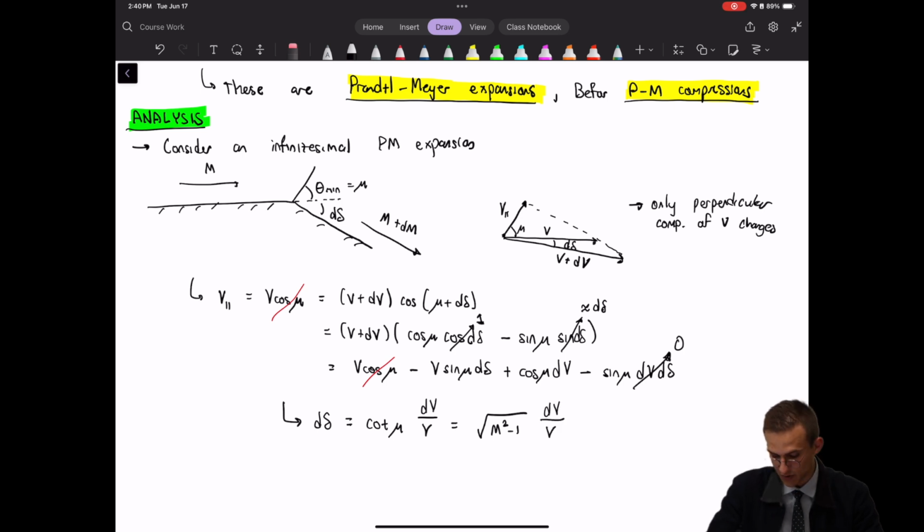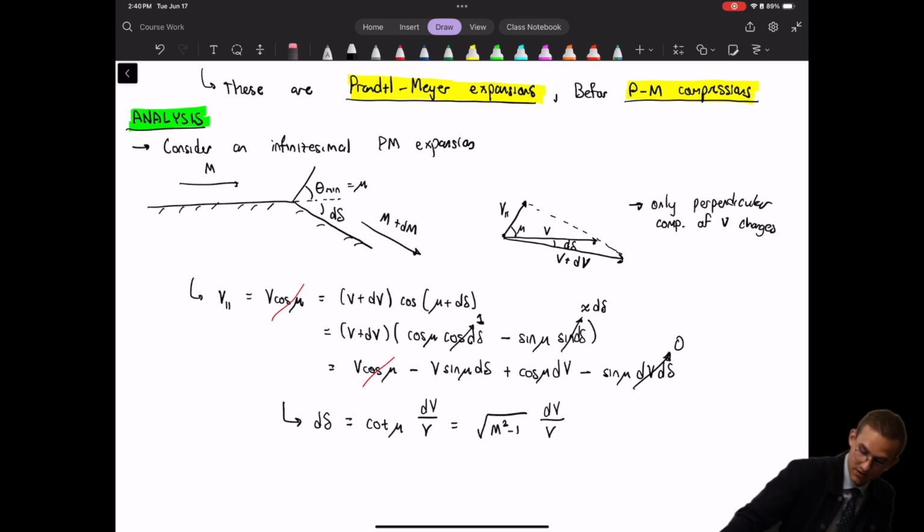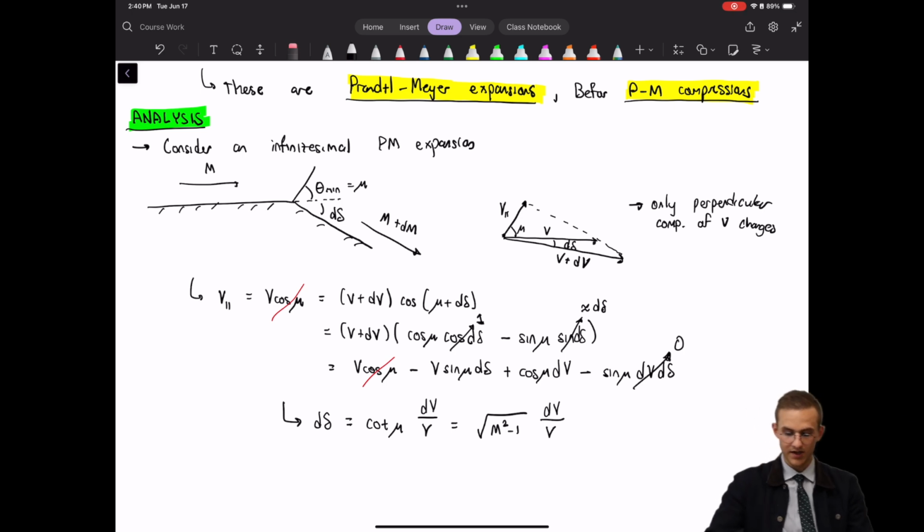That cotangent of mu being equal to the square root of M squared minus 1 has to do with the definition of mu being the inverse sine of 1 over M. So if you draw that triangle and use the definition of the cotangent, that is cosine over sine, then you'll see how you end up with that identity there.